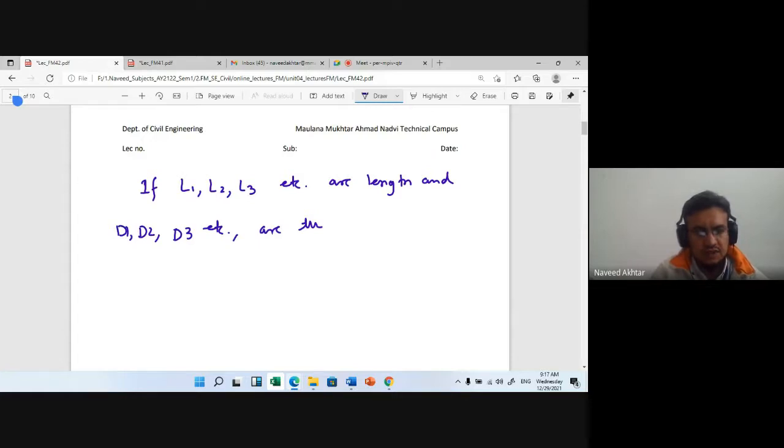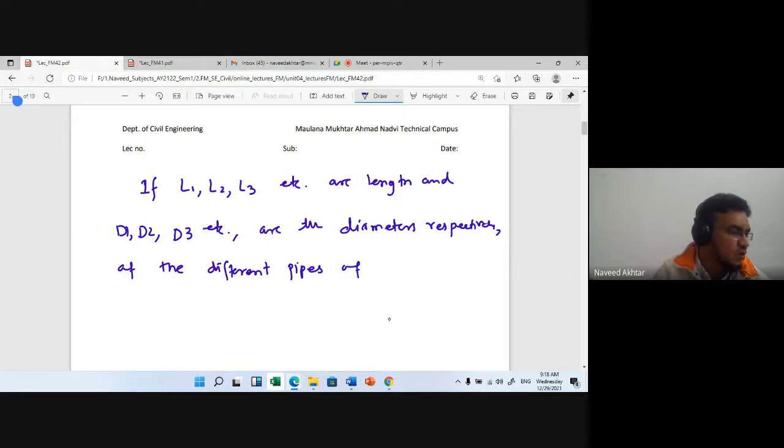if L1, L2, L3, etc. are the lengths and D1, D2, D3, etc. are the diameters respectively, D1 representing the diameter of pipe 1, D2 the diameter of pipe 2, and D3 the diameter of pipe 3, and L3 the length of the different pipes of a compound pipeline.